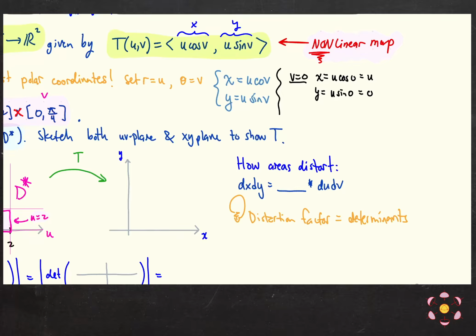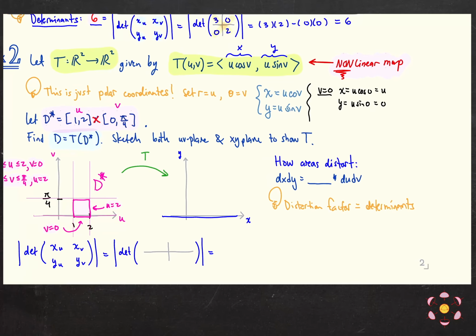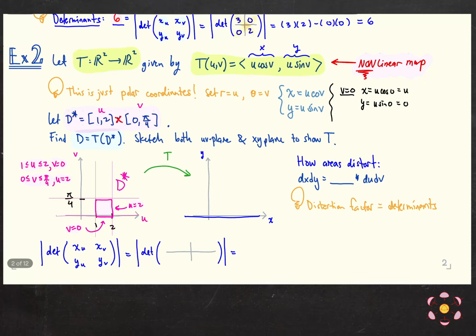If y is equal to 0, I'm over here. And then x just goes from, what did we say, 1 to 2. So let's put a little 1 and a 2. I am going to plot this line, and this is the line y equals 0.